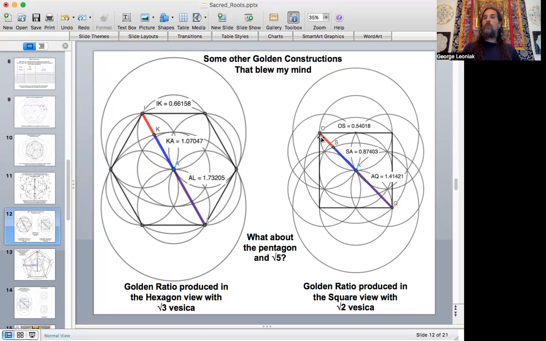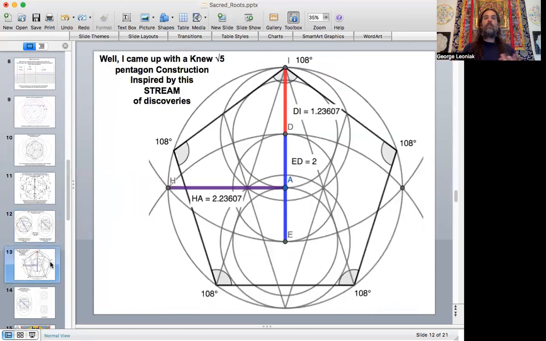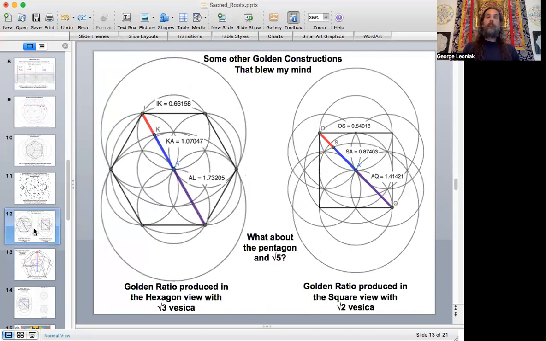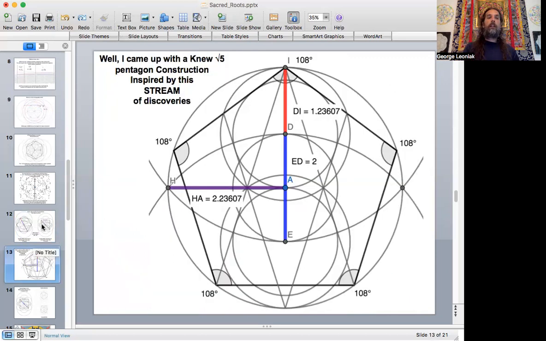Because the root 2 is related to the face of the square here. The root 3 is very much about the flower of life hexagon layout. The root 5, of course, is very much related to golden proportion in phi, right? So it was kind of a little challenge for me to figure out how to get that last pentagon one.